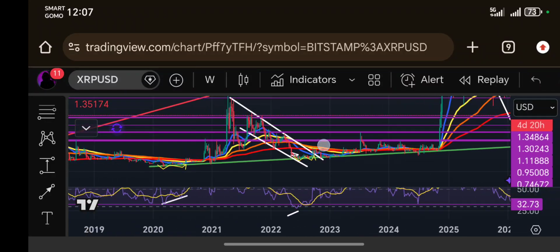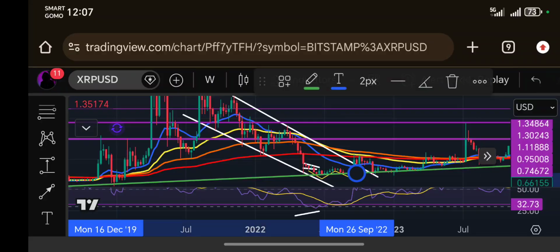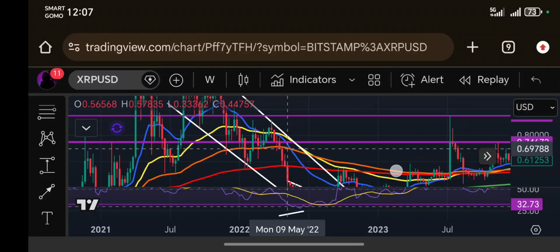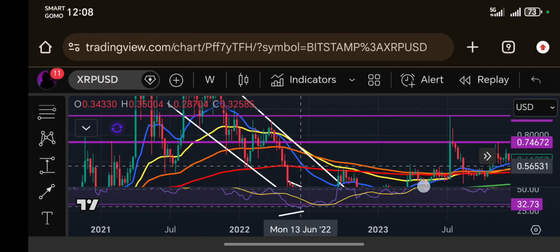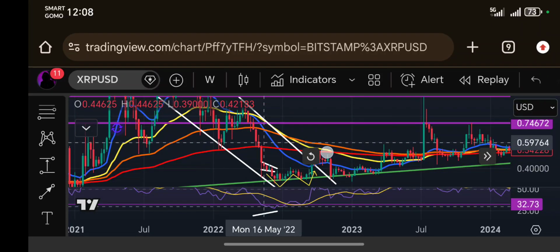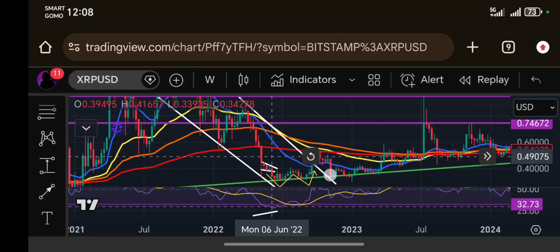And this is the last one. Look at your EMAs. We are near that cross of the 20 EMA crossing the 100 EMA, this blue line crossing this orange line. We are near there, and we are here right now, in this consolidation phase.